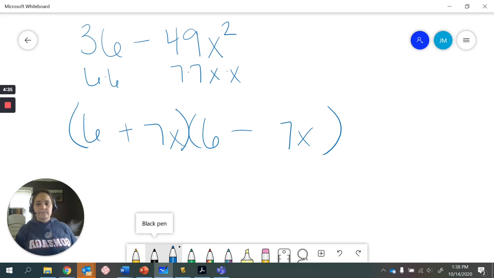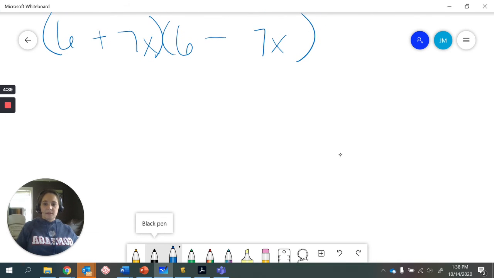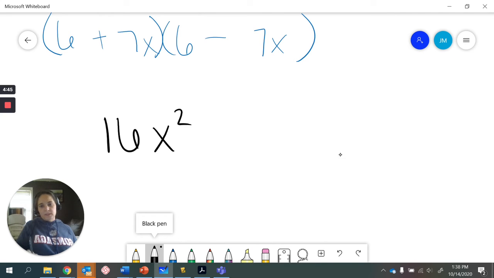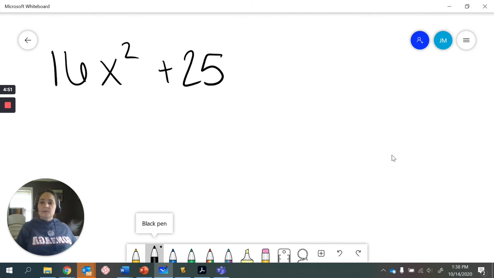Okay, so also sometimes they're going to try to say, can I do 16x squared plus 25? Can I factor that? That is a big fat no. What is this one missing? Yes, we have a perfect square, 4 times 4 and x times x, and yes, we have a perfect square, 5 times 5, but this is called the difference of squares.